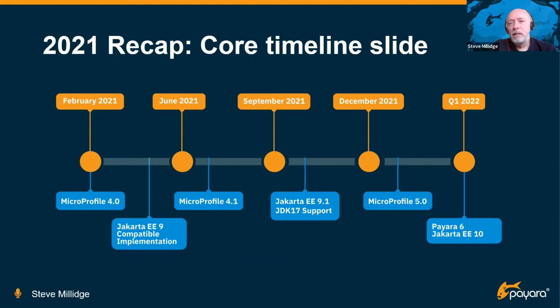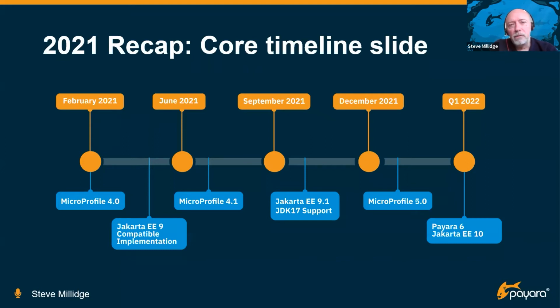Jakarta EE 9 came out at the beginning of the year, and we delivered quite quickly a 9 support, sorry, and a compatible implementation later on. Later in the year, Jakarta EE 9.1 came out, which was basically an update to run on JDK 11. At that point, we also delivered JDK 17 support in Q4 in Payara 5 Community.